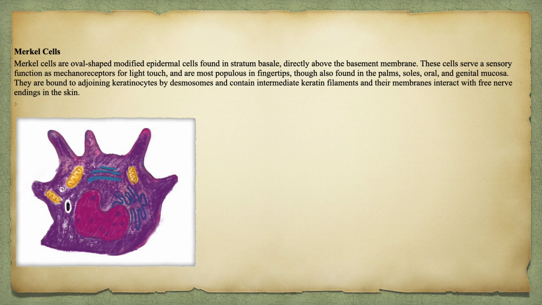They are also found in the palms, soles, oral and genital mucosa. They are found bound to adjacent keratinocytes by desmosomes and contain intermediate keratin filaments, and their membranes interact with a free nerve ending in the skin.